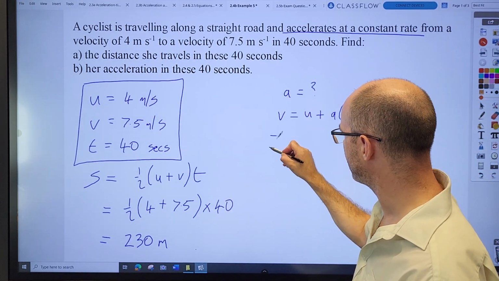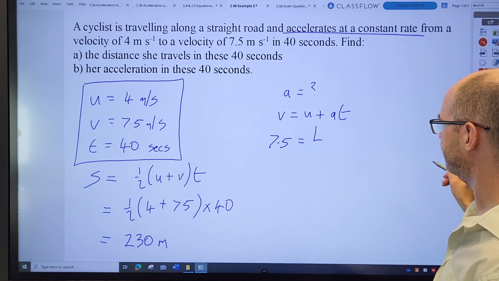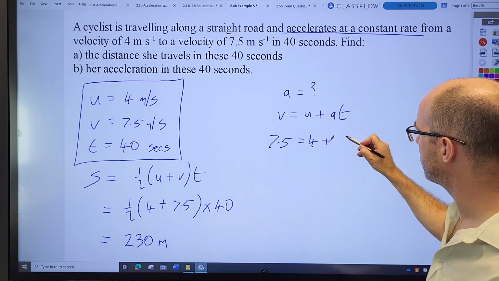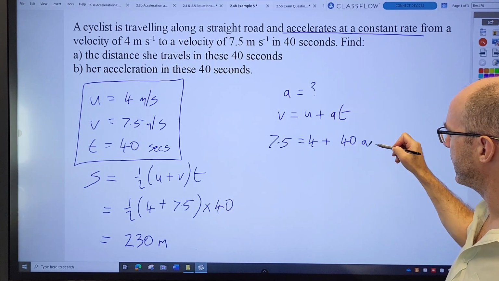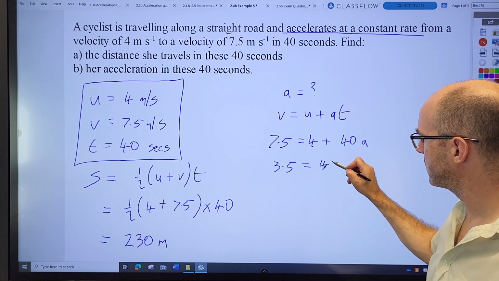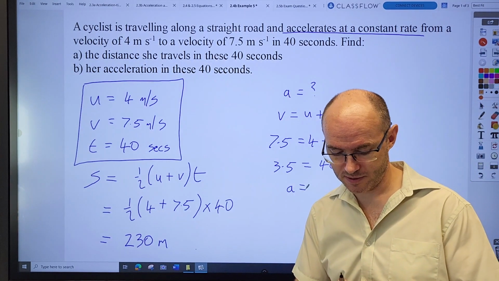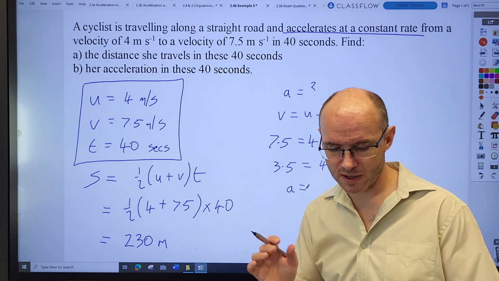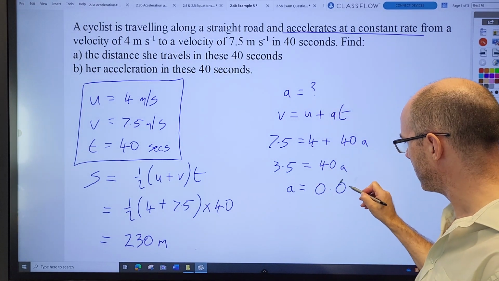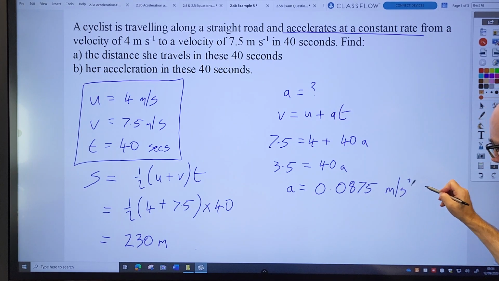So I've got 7.5 is v, 4 is u, and then a times t, so that's 40a. I can rearrange that, so 3.5 is equal to 40a. And the acceleration a will be 3.5 over 40. 3.5 divided by 40, that's 7/80ths, but the done thing in mechanics is to use decimals, 0.0875. And the units there, meters per second squared.